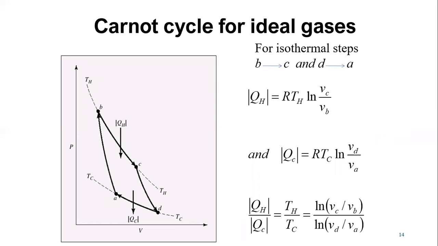For our Carnot cycle for ideal gases, we also have to take into consideration R, the gas constant, and TH when we're looking at our Q for the hot process. For our QC, we have to take into consideration our TC.